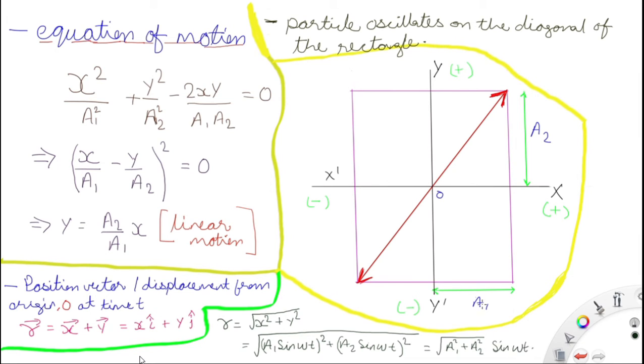So just do this expression and you will get the square root of a1 square plus a2 square, into sin omega t. The resultant motion is simple harmonic motion with the same angular frequency, and the phase difference delta is equal to 0.